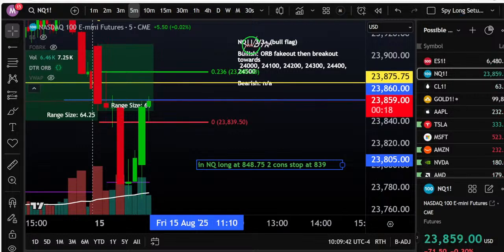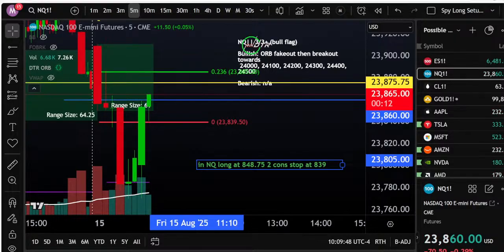Push, push, push, push, push. There it goes. All right, let's watch if this thing can really now start to fly. Behaving well here so far, team. Shame we didn't get that initial reaction, but this is going to be fine.